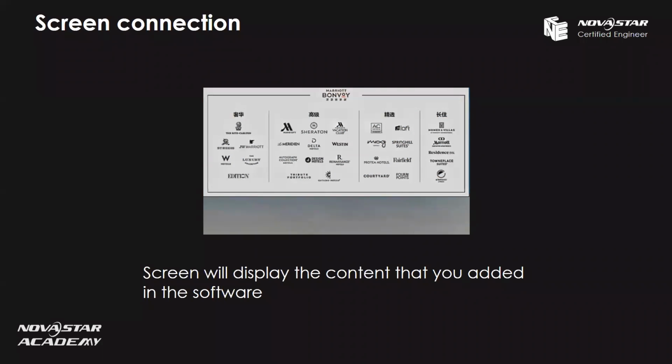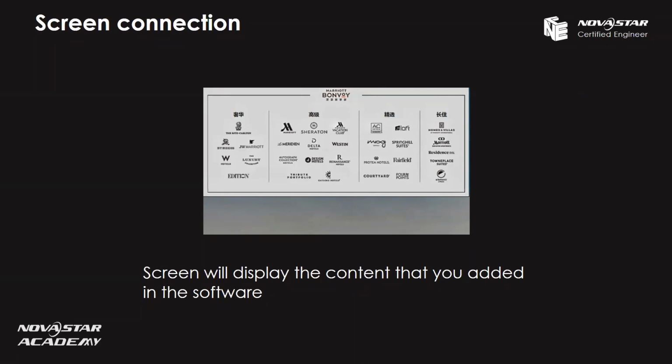So basically, these are all the steps from the graphics card settings and NovaLCT settings, to make the screen show the complete image, and we use Viplex to open a window to add different media inside the window and display on our screen. So this is the software settings.